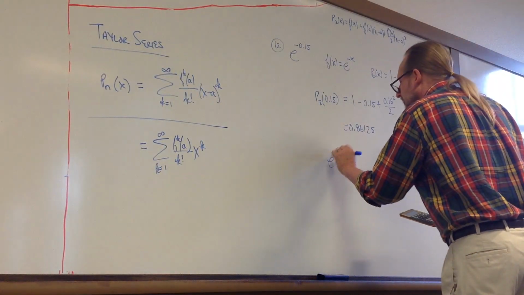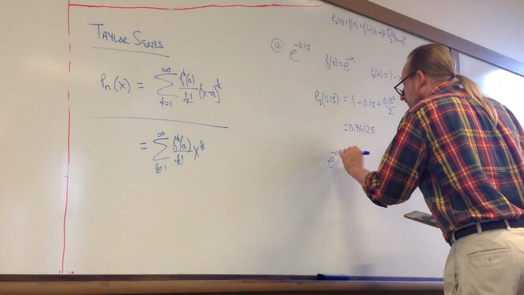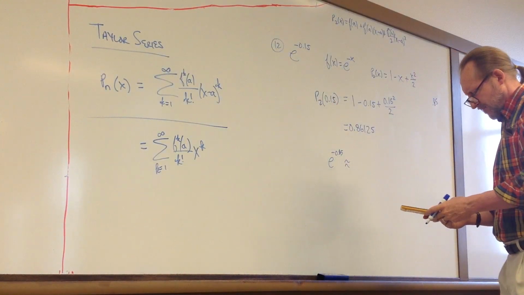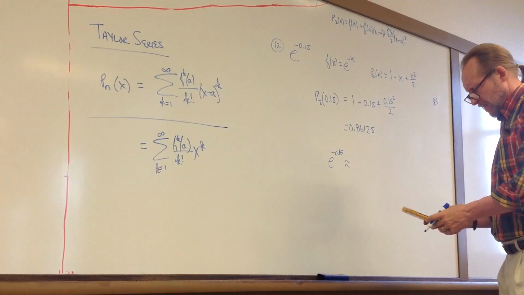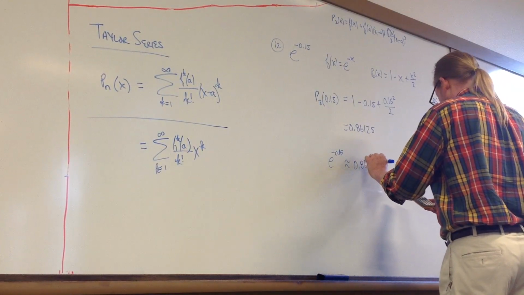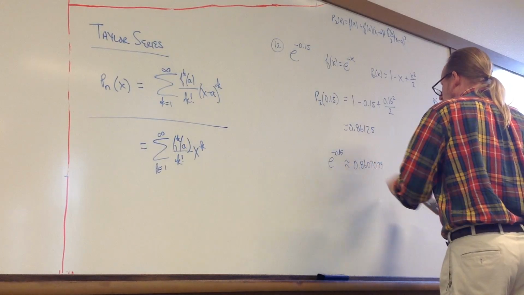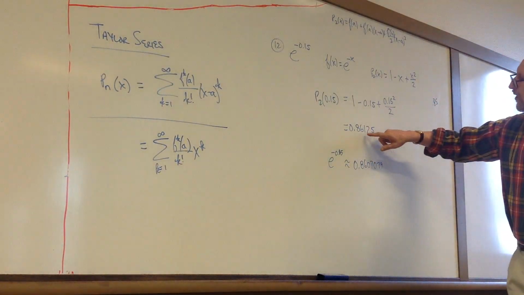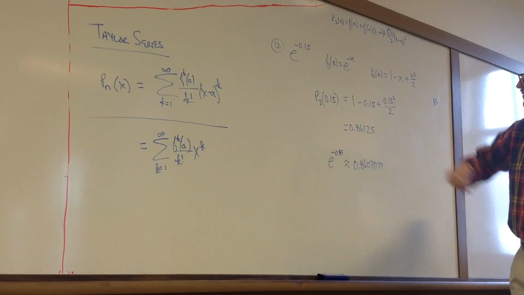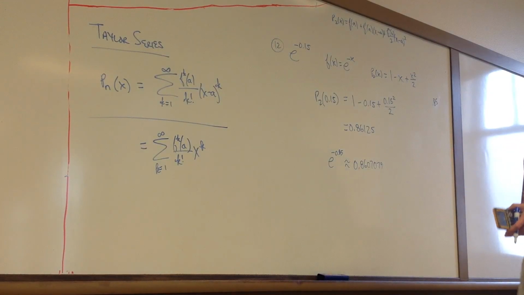And then what actually is the calculation for e to the negative 0.15 power? It is about 0.8607079. So you can see we're off in what, the thousandths place? We're off by about 5 10,000ths here. And that's not so bad.